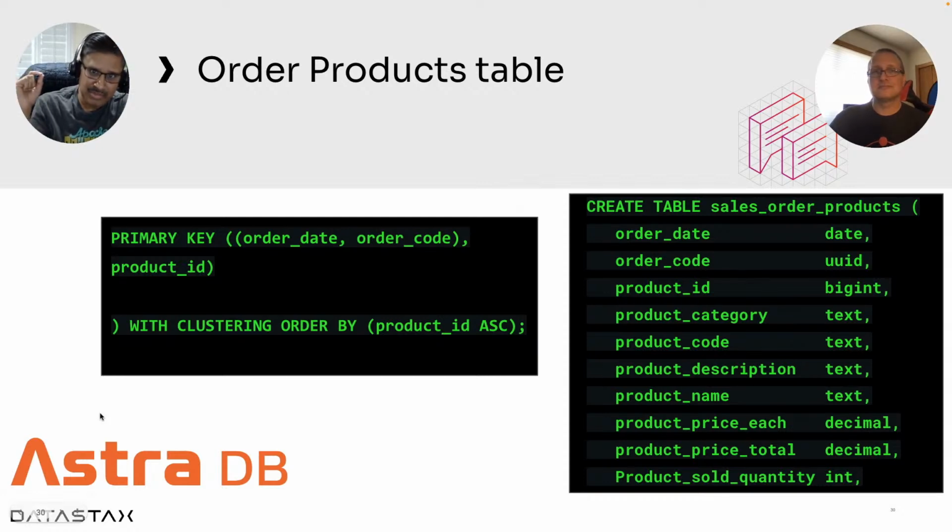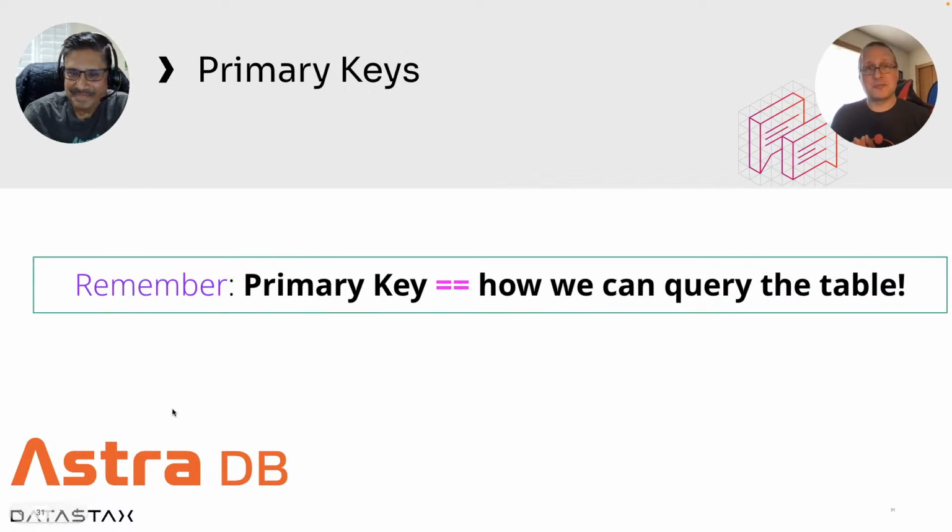Data modeling is one of the trickiest parts, but that's what gives us success. Yeah, that's right. The main thing to pull back from these slides is that the primary key is really the integral piece to how you can query data from that table. That's the main thing to remember.